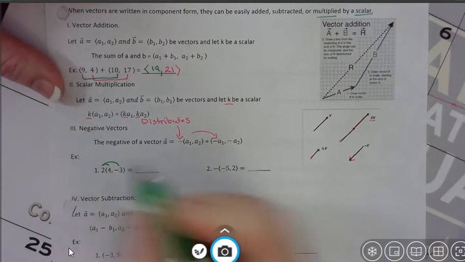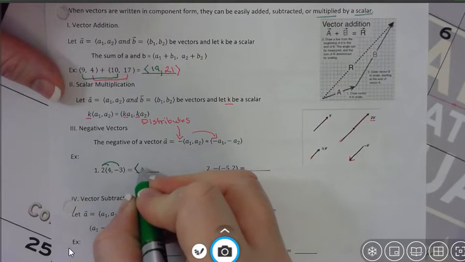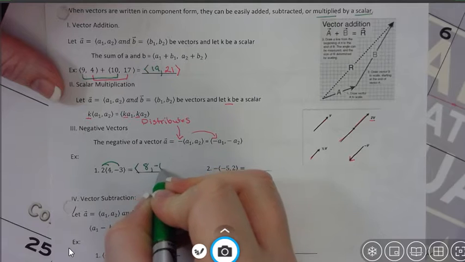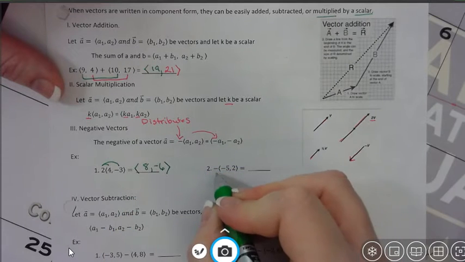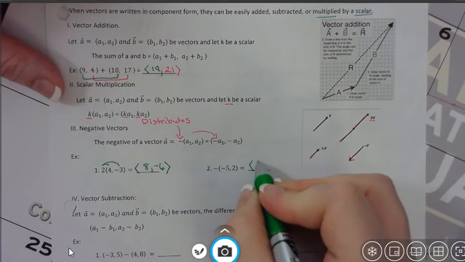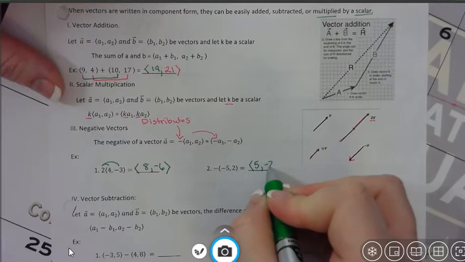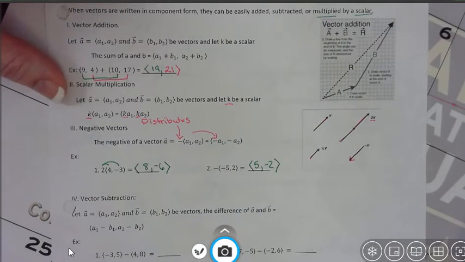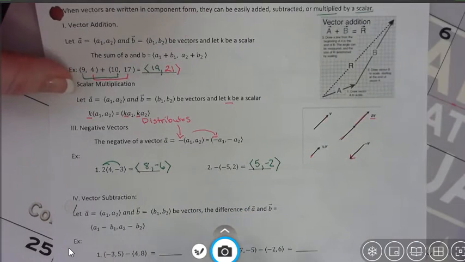All right, so here we go with multiplying. Here's your scalar, so you multiply both pieces, and we get 8, negative 6, and distribute the negative, you get 5, negative 2. All right, very simple. So I had the kids work these problems.